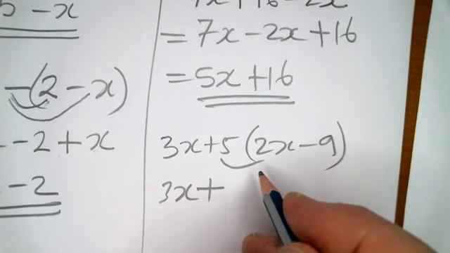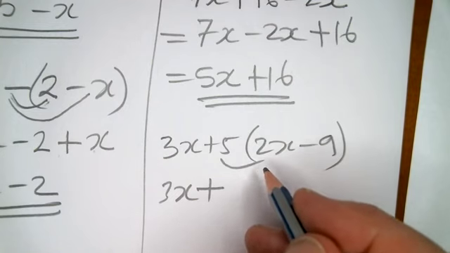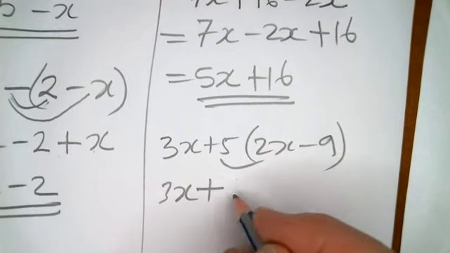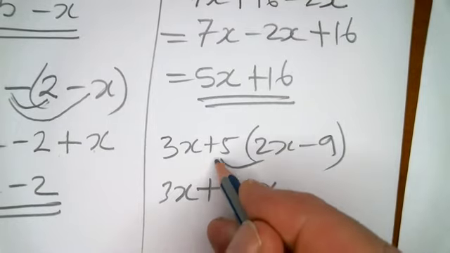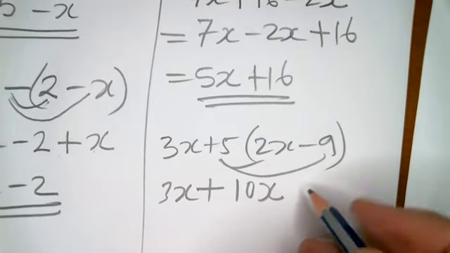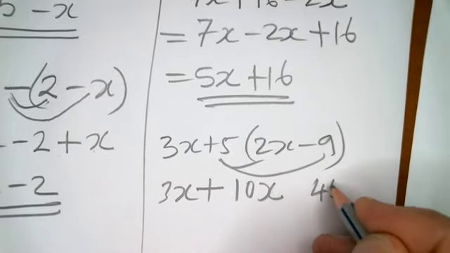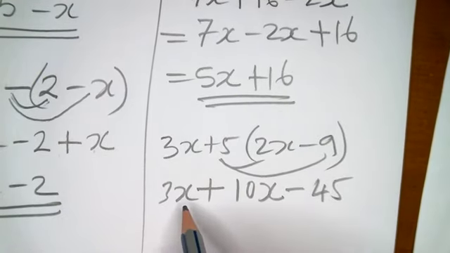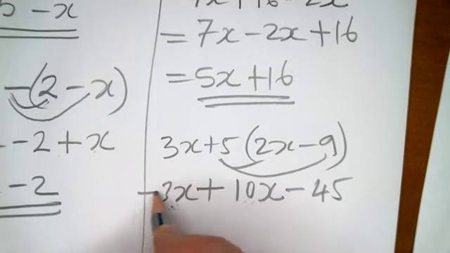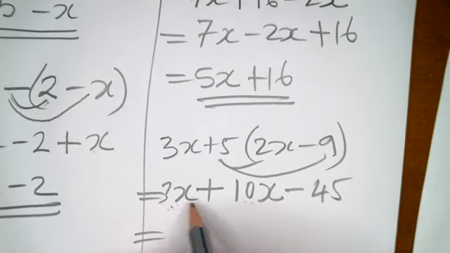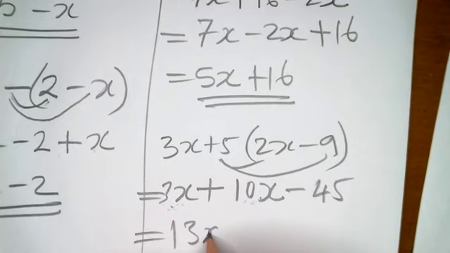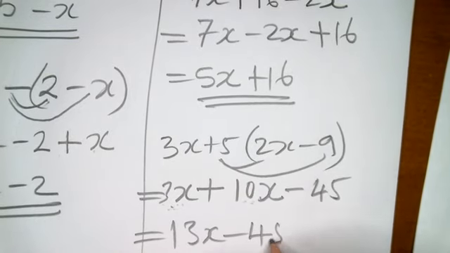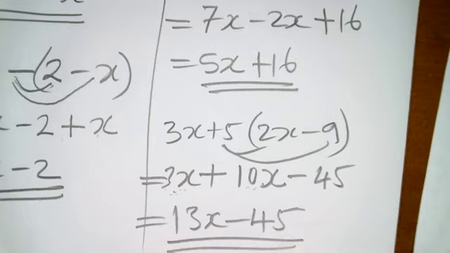Well, 5 lots of 2x is going to be 10x. And 5 times negative 9, well, 5 nines are 45, and of course it's going to be negative 9, so it's going to be negative. Now I've got things we can add together, collect like terms. So collecting like terms, 3x and 10x is 13x minus 45. And there is my solution.